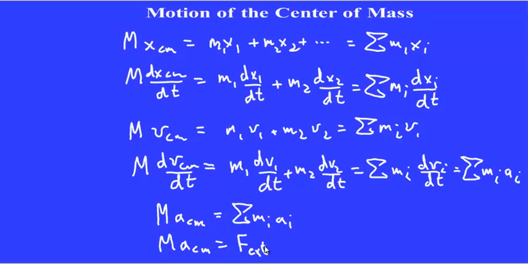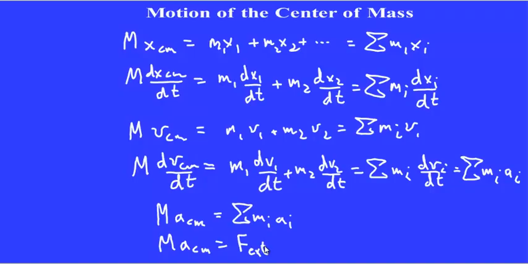In other words, the motions of all those individual objects act as if there were just a single external force acting on the center of mass of the system. In other words, we reduce the motion of all those individual particles in the system to F equals ma of this one imaginary particle where all the mass is concentrated at the center of mass.